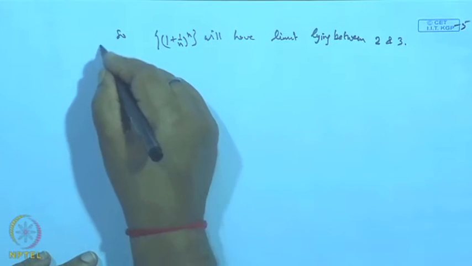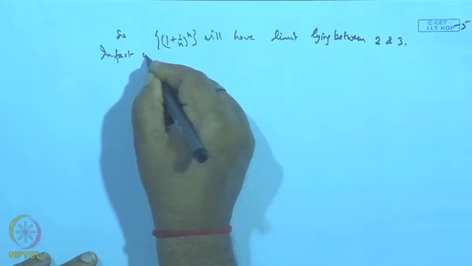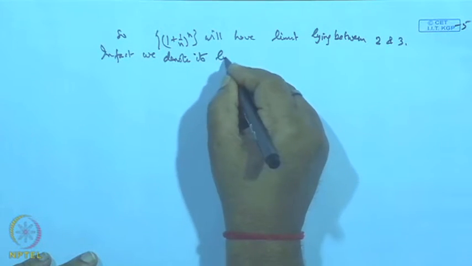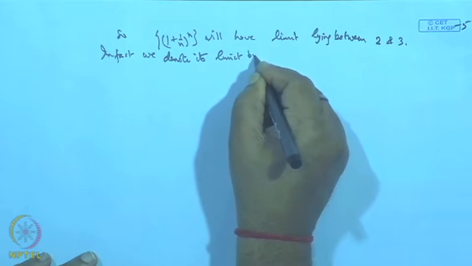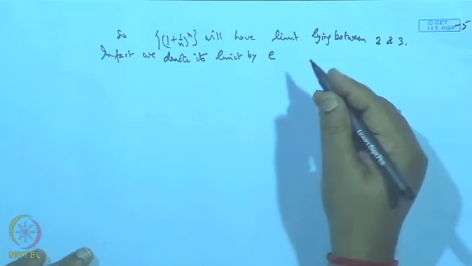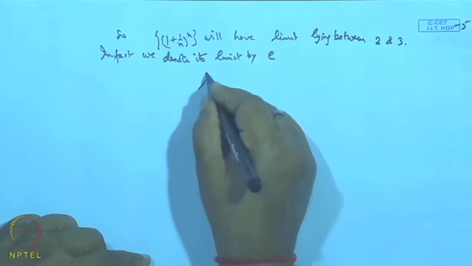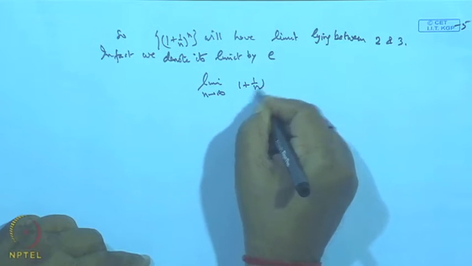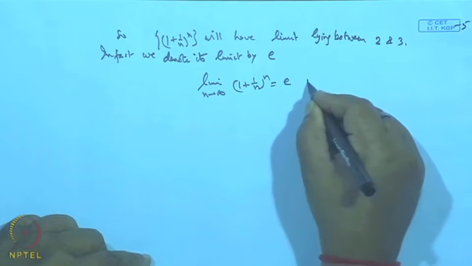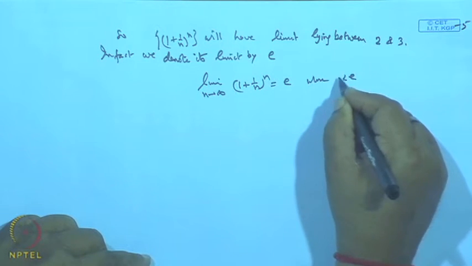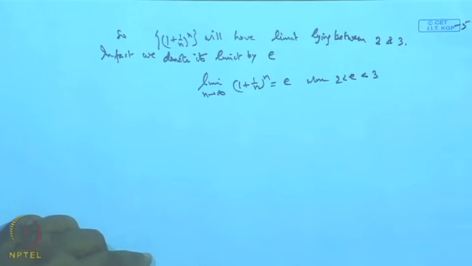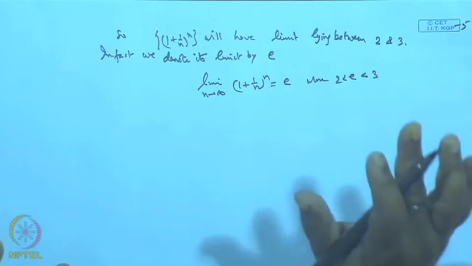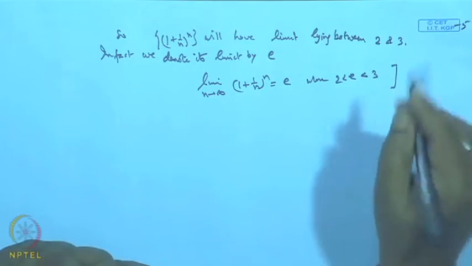And in fact, we denote its limit by e, and it will be shown later that the limit of (1 plus 1 by n) to the power n as n tends to infinity is e, where e lies between 2 and 3, and it is an irrational number, 2.7 something like that. So this will be the limit.